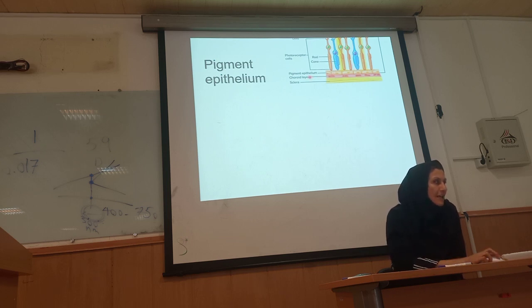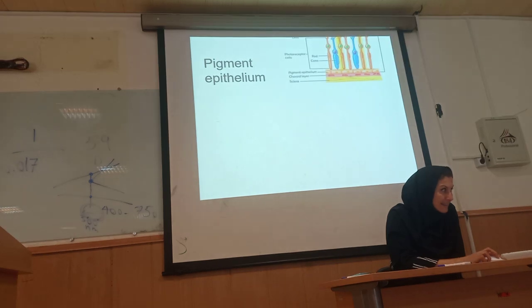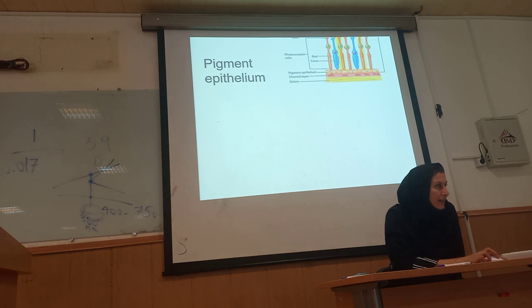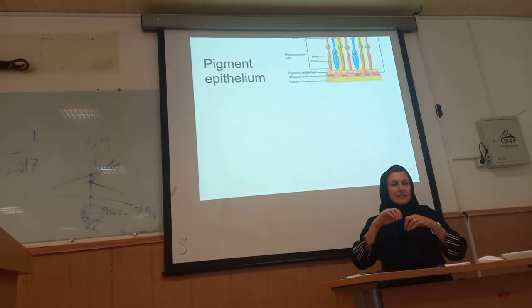Here you can see the pigment epithelium between the retina and the choroid layer. This epithelium has many functions, especially for seeing well.